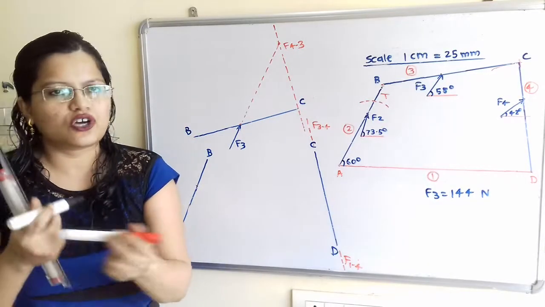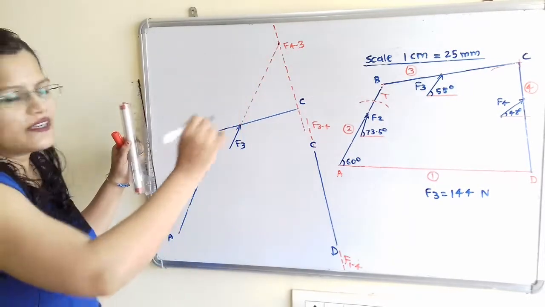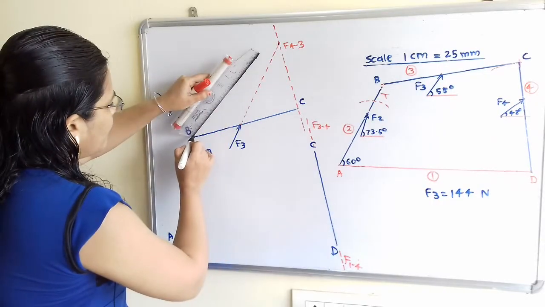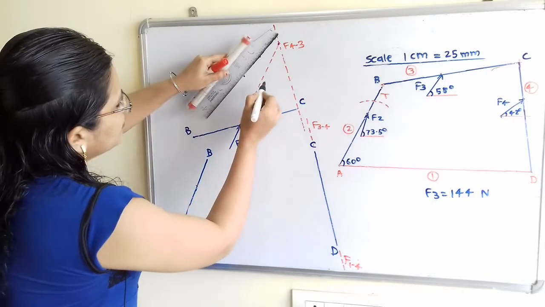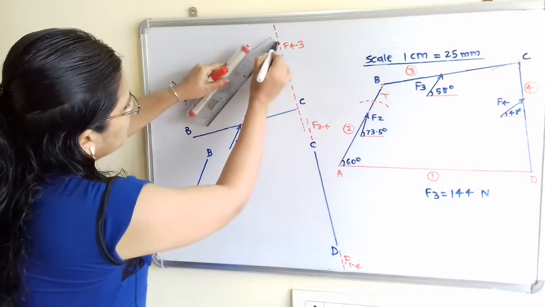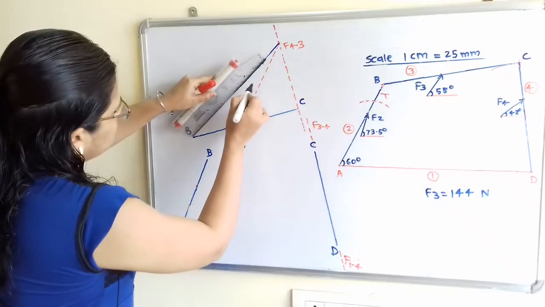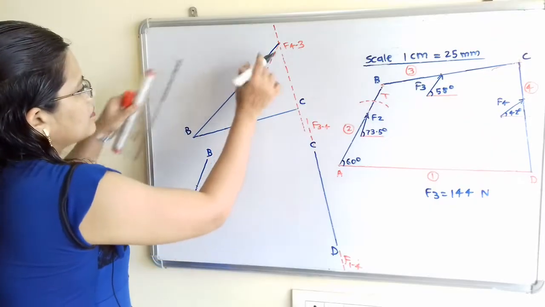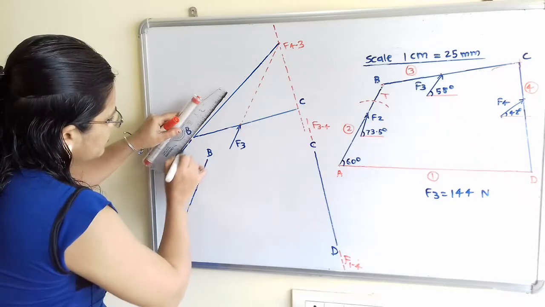So now we will draw the line that will pass through this point B and this concurrent point, and that will be the line of action of force passing through this point B. So this is the line of action of force passing through point B.